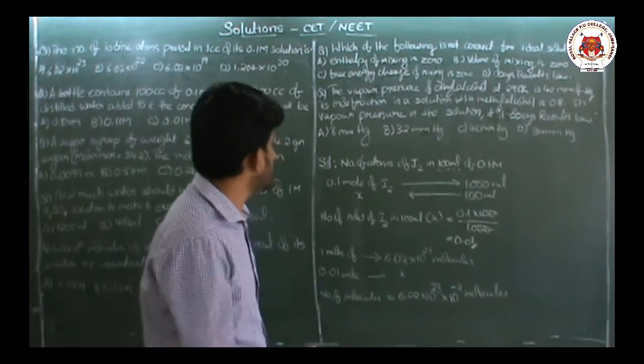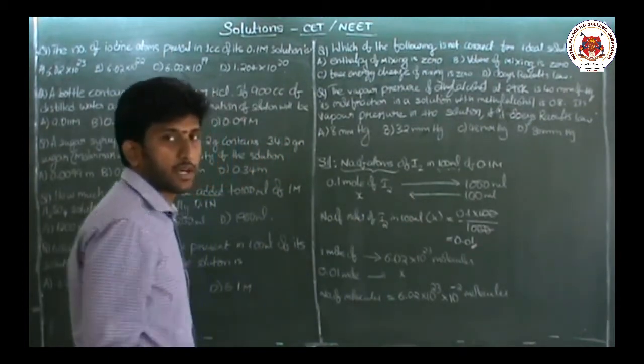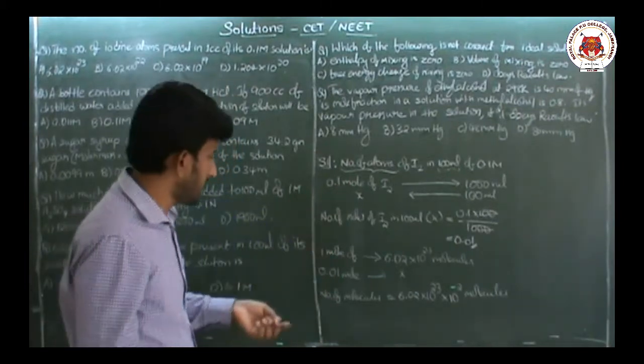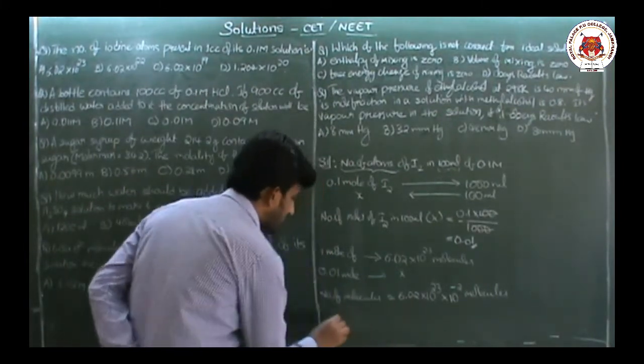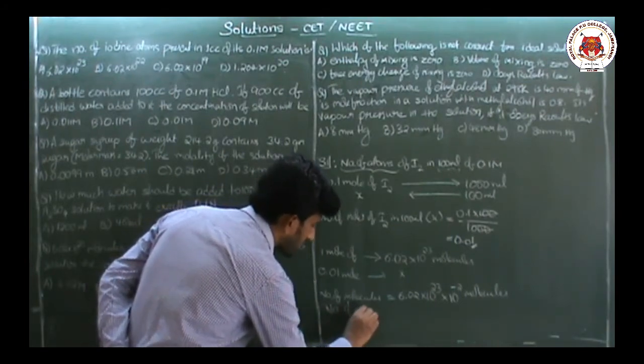Now our question is asking number of atoms, not molecules. One iodine molecule contains 2 atoms of iodine. That means number of atoms must be double the number of molecules, no?